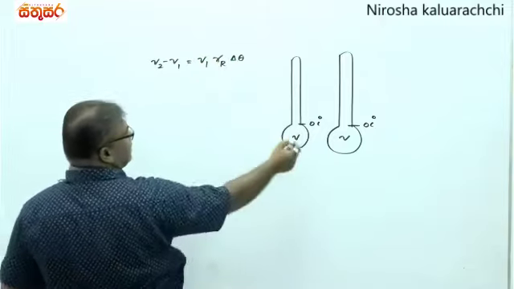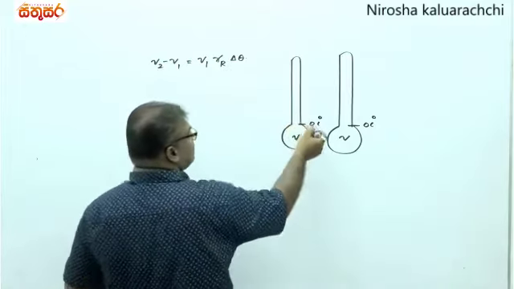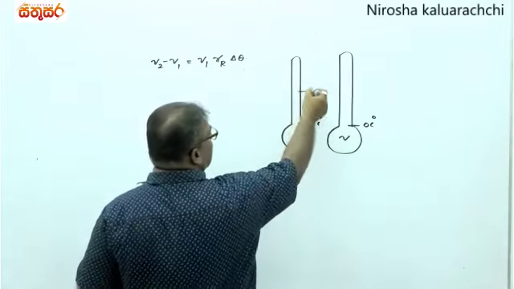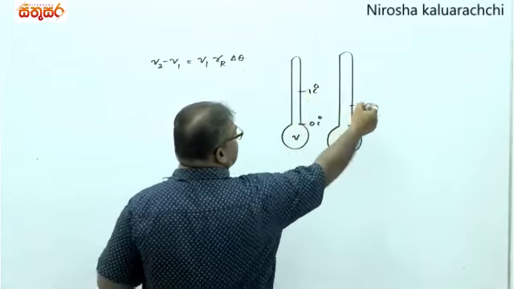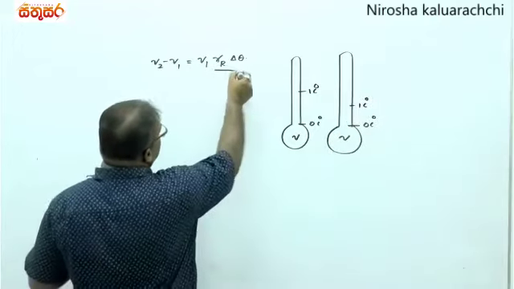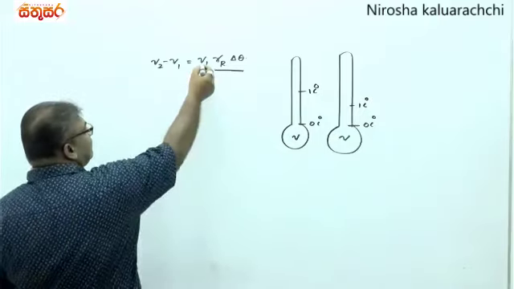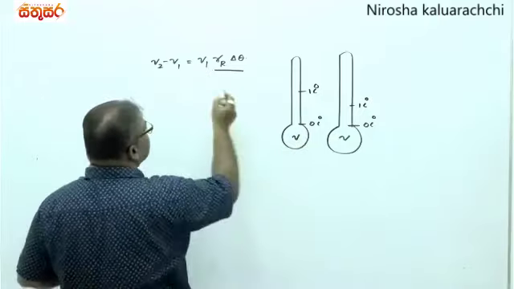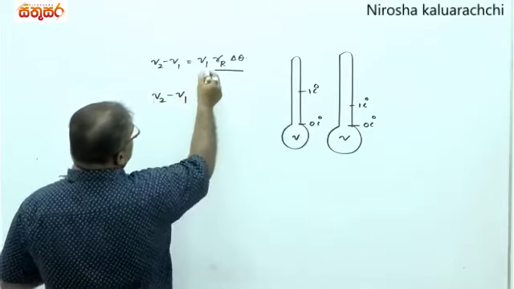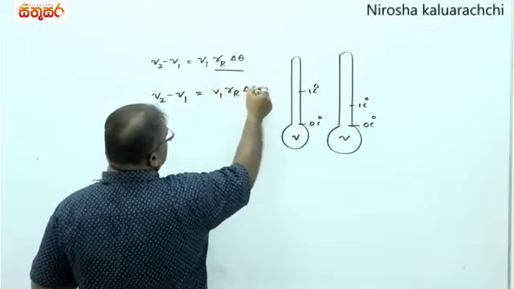Gamma R for mercury remains the same. The temperature difference is from 0 degree Celsius to 1 degree Celsius, and the initial volume is also the same. So V2 minus V1 is a constant value, V1 gamma R delta theta.